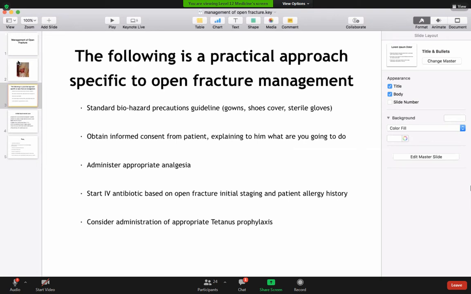If it's up to date and the wound is clean, then you ask the third question: when was the booster given? If it was given within 10 years, and the patient's vaccination status is up to date and the wound is clean, you give nothing. If it was given more than 10 years ago, then you give Tixoid.